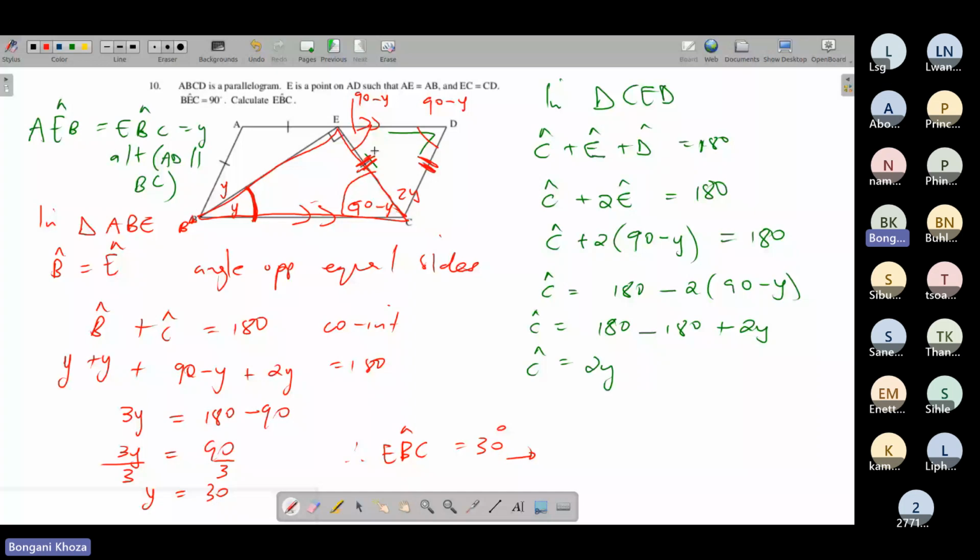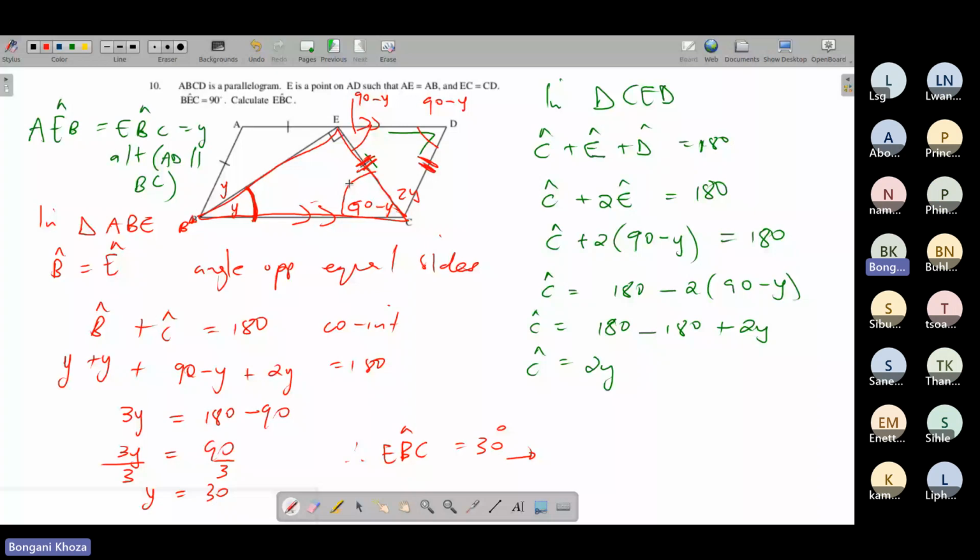After that, I found the sum of interior angles on this triangle to be equal to 180. This is that calculation over here. And then I found that this one is 2Y. Now I had 2Y and I had 90 minus Y. I had to find this angle over here.